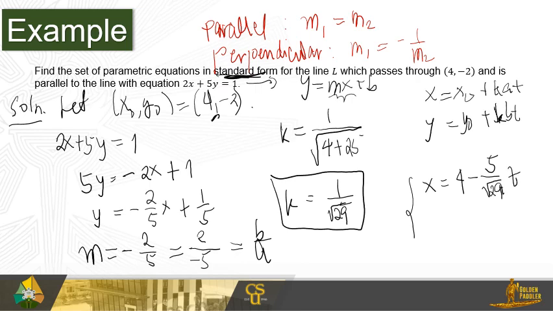Then y equals, yung y sub o ay negative 2.